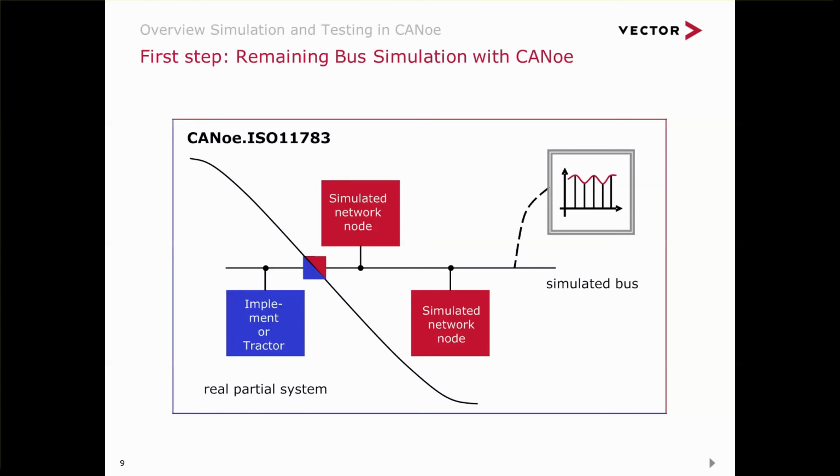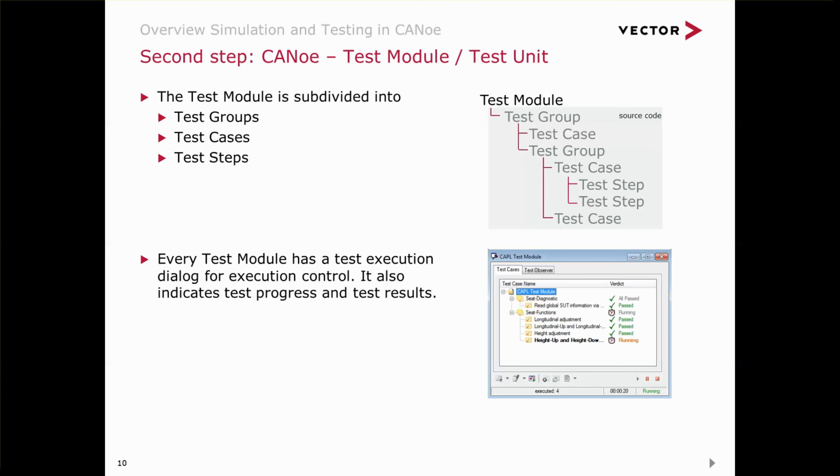In a second step, you have the test situation, the test feature set of CANoe. In this feature set, you have in principle two options. On one hand, you can create a so-called test module with CAPL, with XML, or with .NET, or on the other hand, you have the possibility to create test units with a tool from Vector, the vTESTstudio.